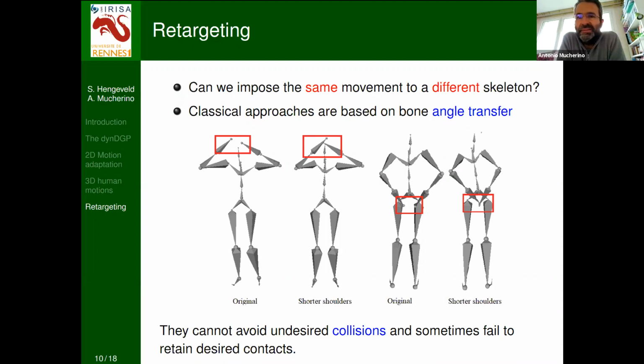So, how do I deal with multiple solutions? As you mentioned, I could have a hand approaching a knee, or a knee approaching a hand. But in terms of distances, this is the same. In practice, we try to distinguish between these two solutions by considering the quantity of movement that is already in the original animation.